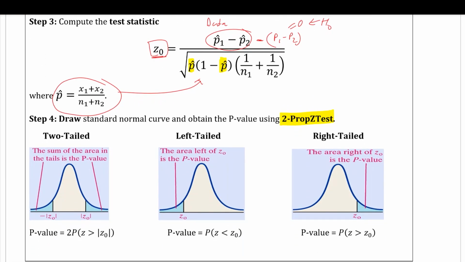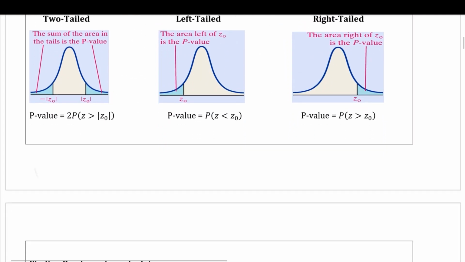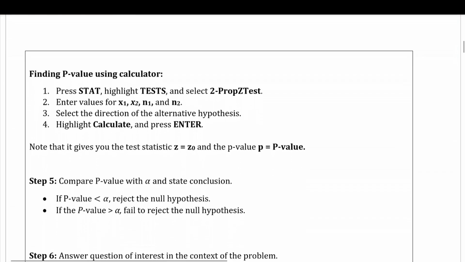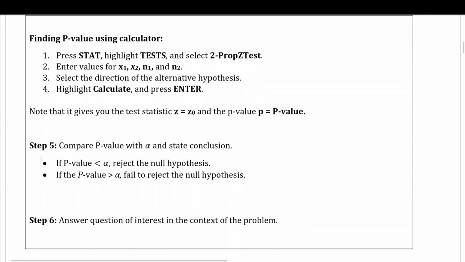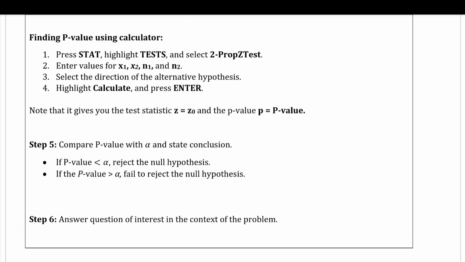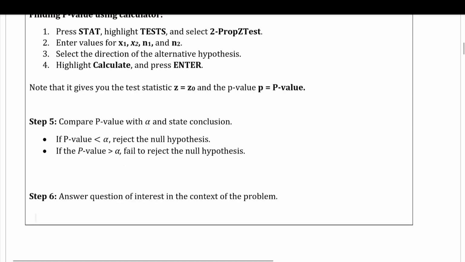In step 4 you still have a two-tailed, left-tailed, or right-tailed test. Again, you figure that out from the alternative hypothesis statement. In step 5 we make a decision. And in step 6, we answer the question in the context of the problem using that same flowchart from before. But let's get straight into an example.